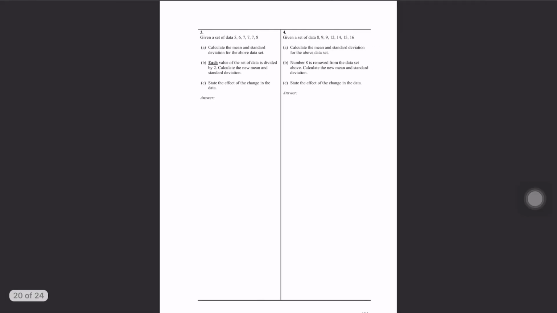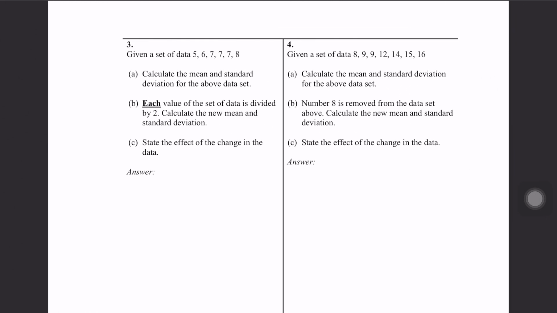So next. For number 3, saya nak awak cuba sendiri. Number 3 and number 4 pun sama. Cuma beza number 4 ni, dia tengok number 8 is removed from the data set.